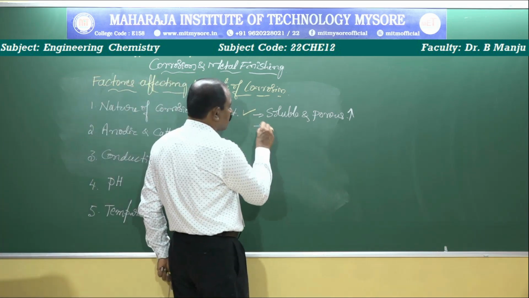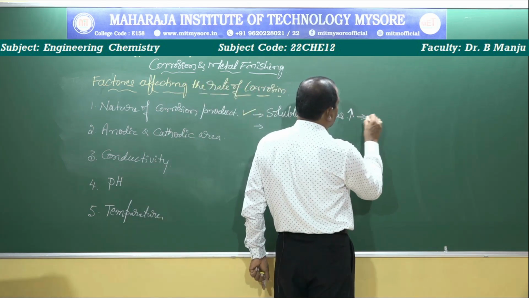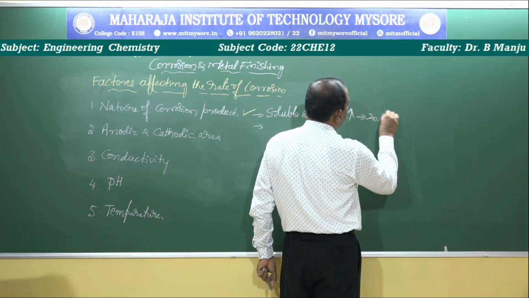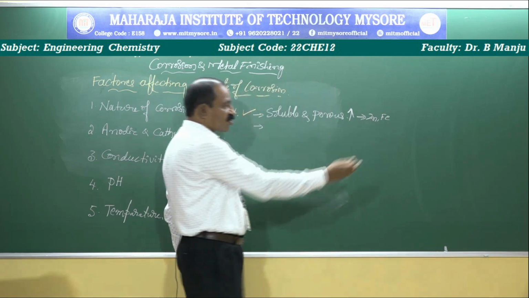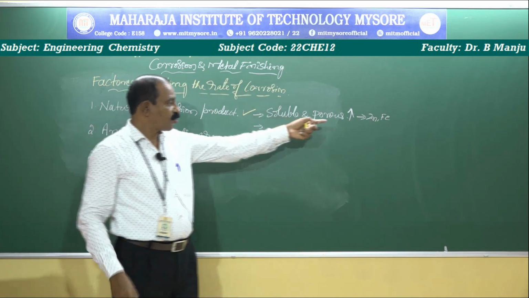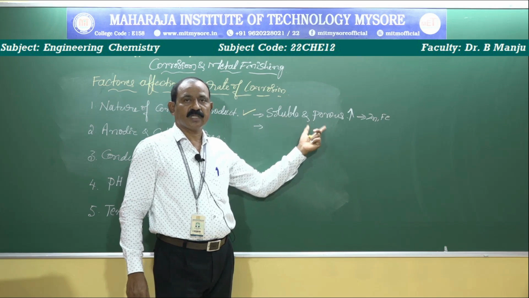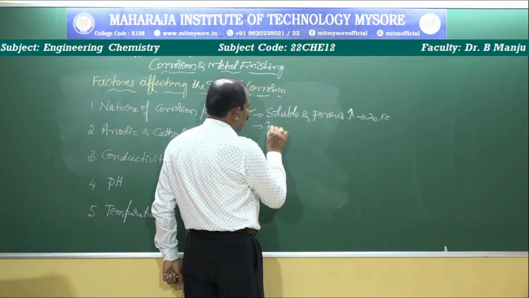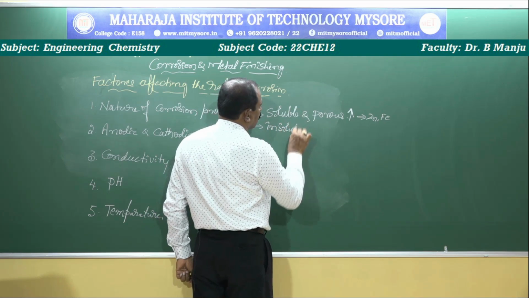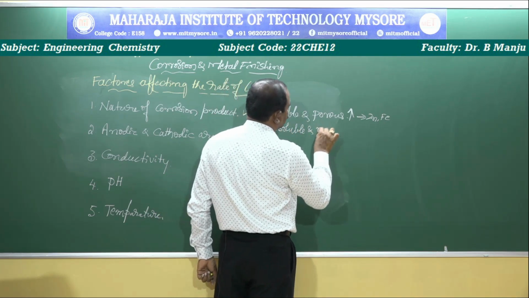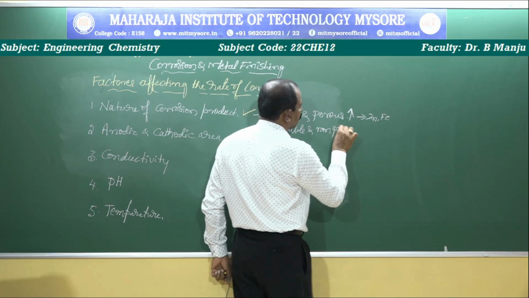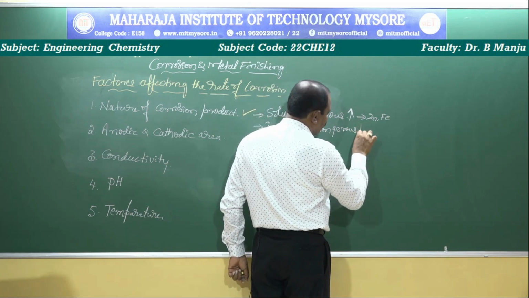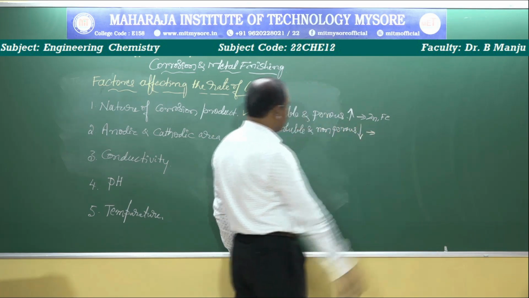Suppose some metals, for example zinc or iron, undergo oxidation and the products are highly soluble and porous, then the rate of corrosion increases. Then what about insoluble and non-porous? Then automatically the rate of corrosion decreases.